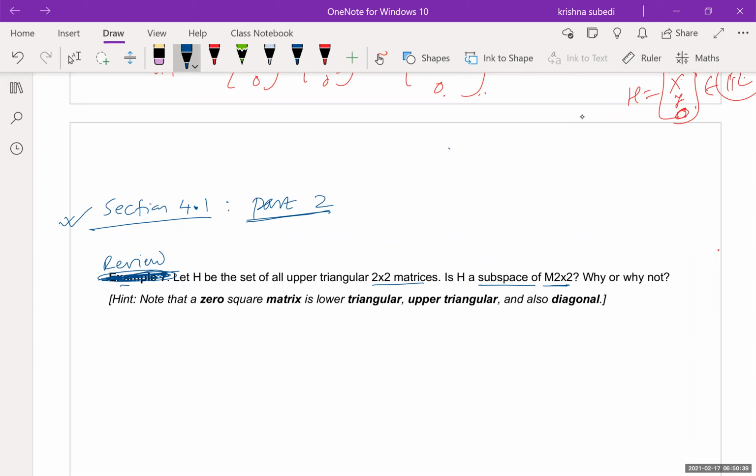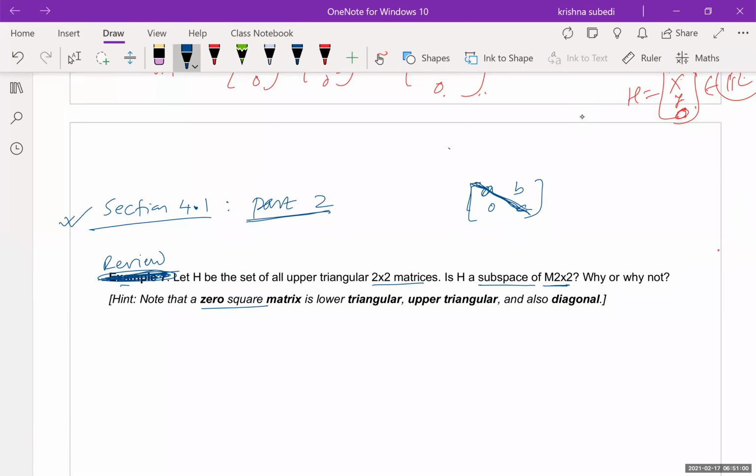Now, one thing to remember: the upper triangular matrix looks like this, let's say A, B, 0, D. How do we know that? By definition, we talked about it in chapter 2.